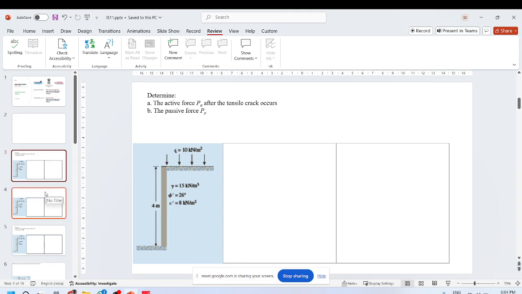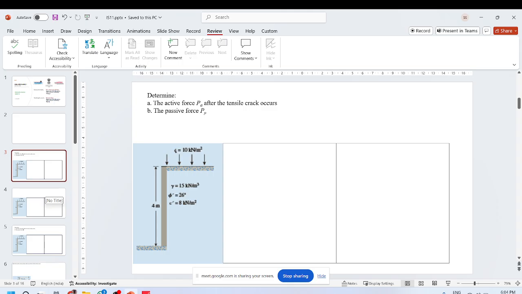After that we can discuss a bit of the theory for slope stability, if that is okay. Or would you like to discuss the theory on slope stability and then discuss the questions for retaining wall?